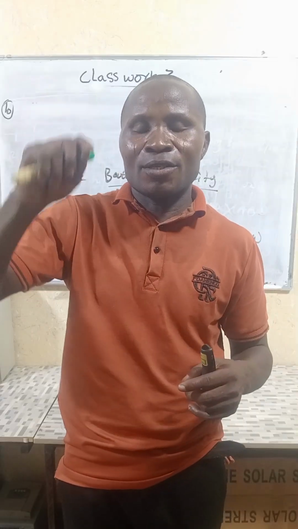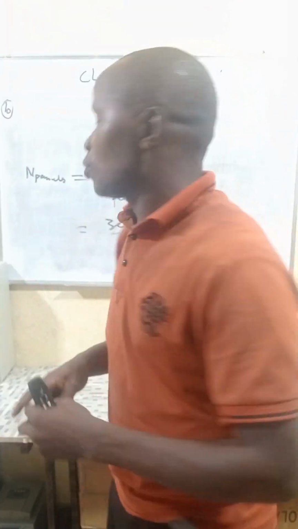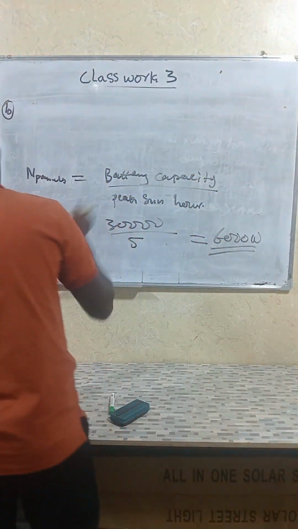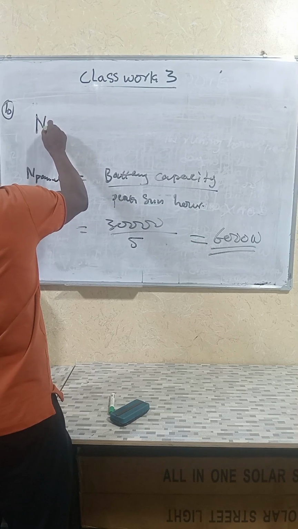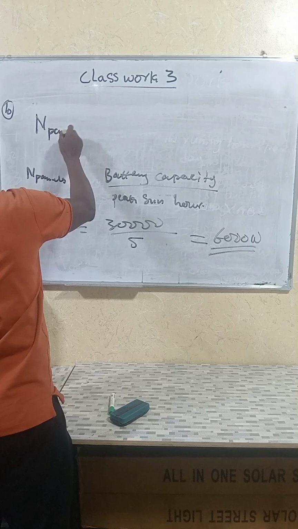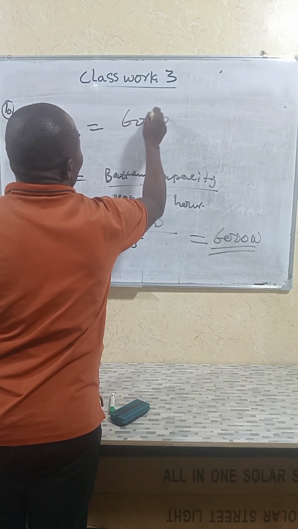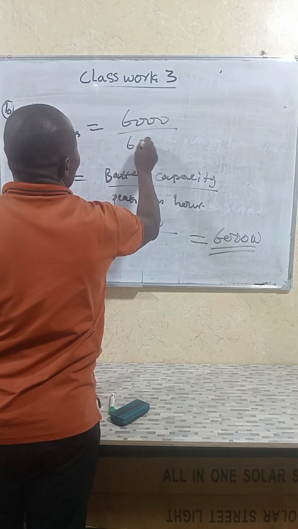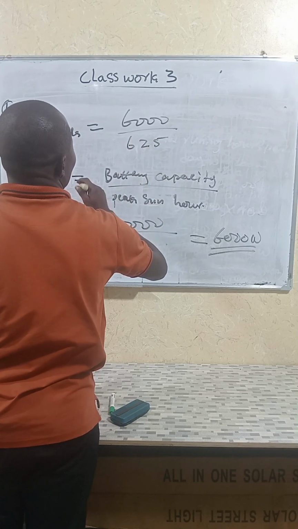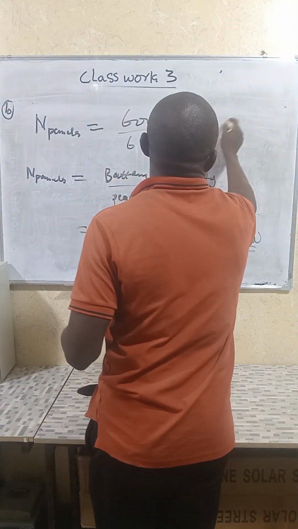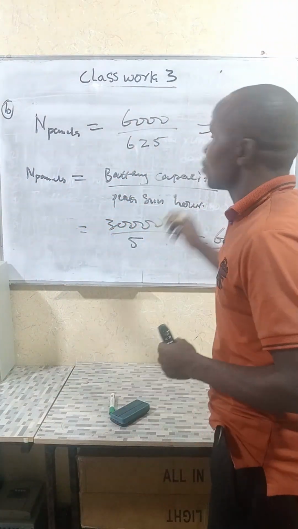Divided by 625 watts as an individual solar panel. So the number of solar panels is equal to what? 6,000 divided by 625, which is equal to what? 9.6.